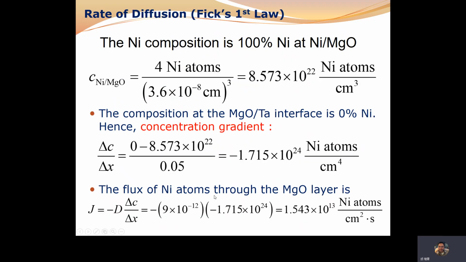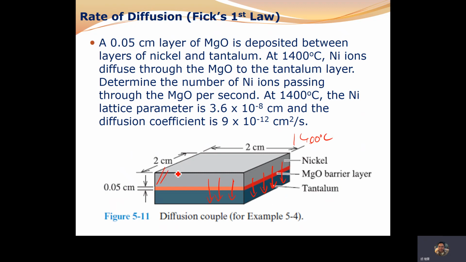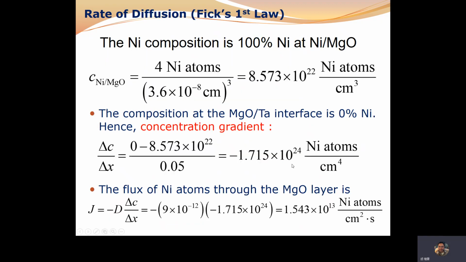Therefore, we can calculate the nickel composition as 100% nickel at the nickel rich side. The nickel rich side means this side. At this interface, we assume the nickel is 100%. And the concentration per volume per unit cell is what? We know nickel is an FCC structure, therefore it has 4 nickel atoms in a unit cell, right?